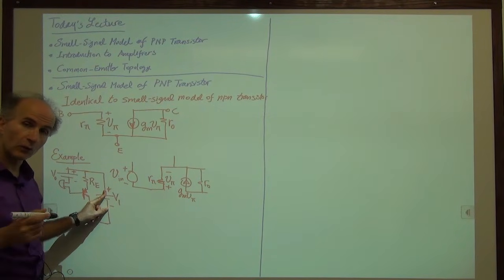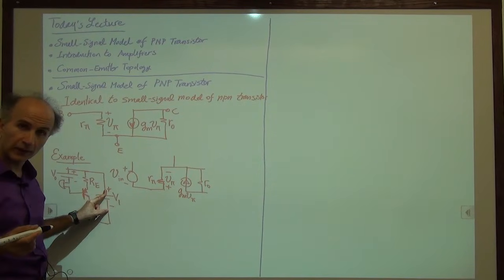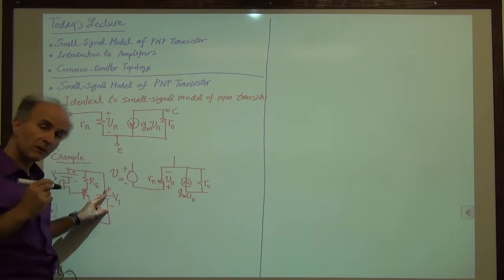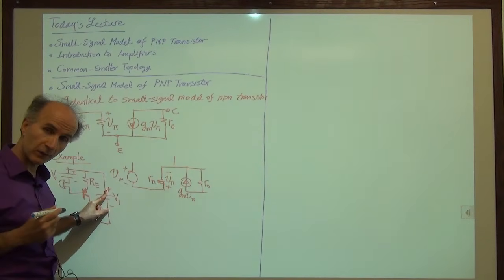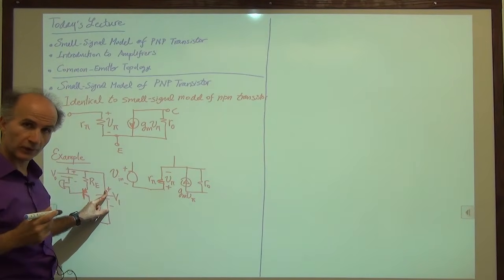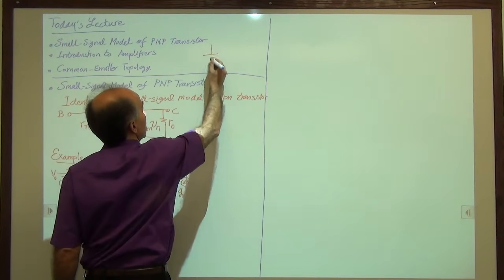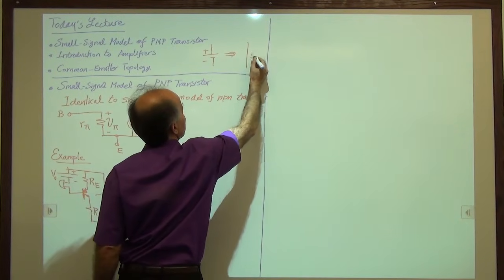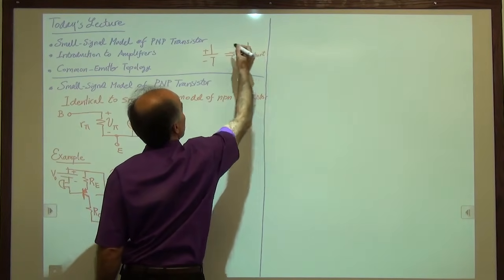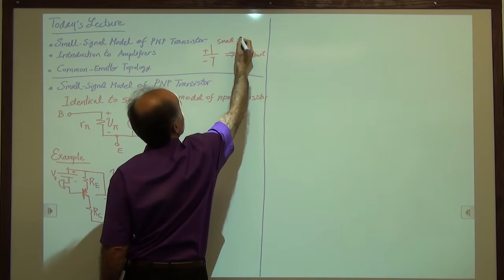We are looking for only quantities that change with time. This voltage does not change with time, so its small signal model is a short circuit. It's a zero voltage source. A zero voltage source is a short circuit. So it's always good to just write this here so that we don't forget that this becomes a short circuit. And of course, this is meaning we're for small signal operation.